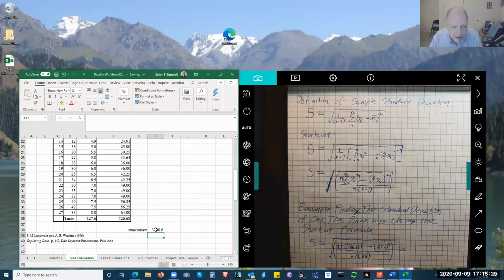And I want you to notice something. If I was doing it totally by hand, I would have rounded off. This 726.68 has been rounded off.